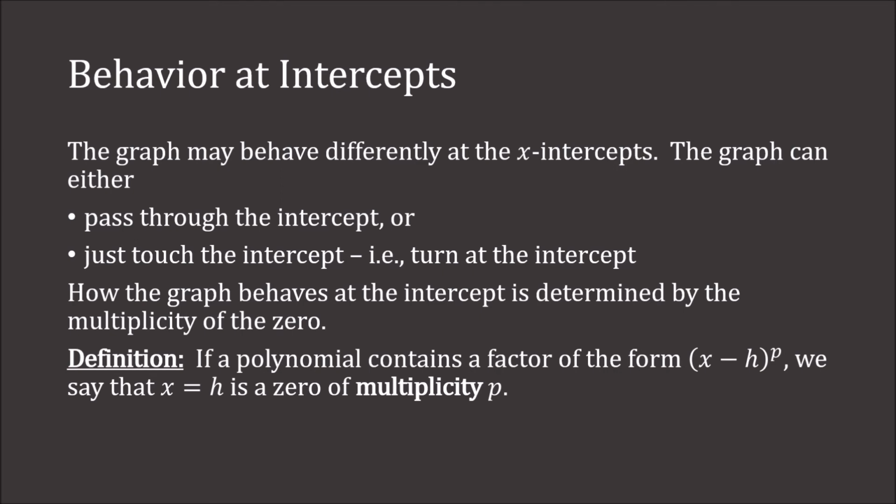So if a polynomial contains a factor of the form x minus h to the p, we say that x equals h is a 0 of multiplicity p. Informally, the multiplicity of a 0 is how many times that 0 occurs in the polynomial.